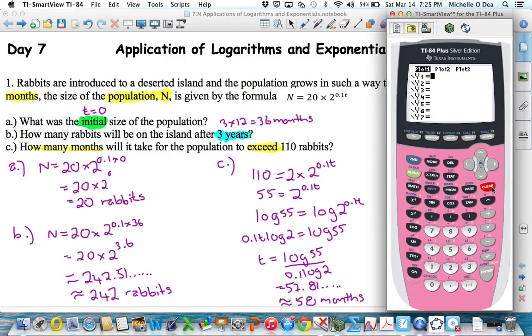And we can just then put this function in, y equals 110, and this function in, 2 times 2 to the power of 0.1 t, and we find their points of intersection because we want to know when they're equal. So I can put 110 in, and I can do 2 times 2 to the power of 0.1. Remember, we can just put x instead of t.